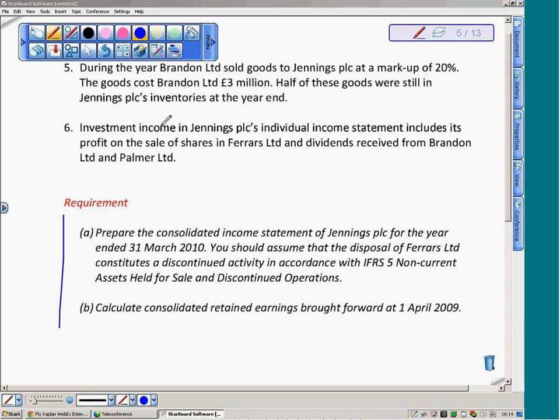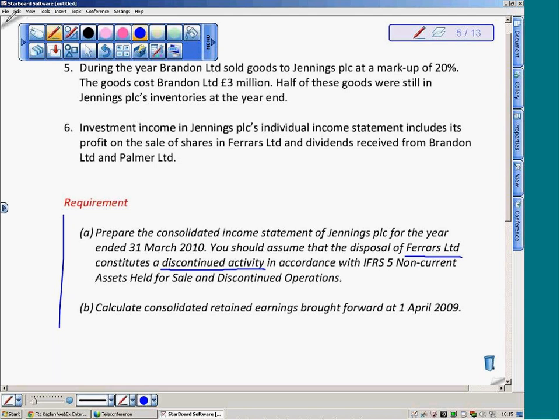What we've got is an assumption that the disposal of Ferrers Limited is a discontinued activity. Okay. This is in accordance with IFRS 5, non-current assets held for sale and discontinued operations. Okay. We have a part B that says calculate the consolidated retained earnings brought forward at the 1st of April 2009. Okay, so we'll have a think about that as well.